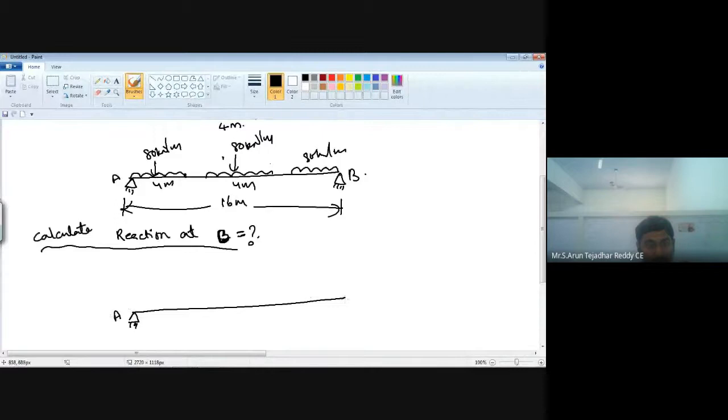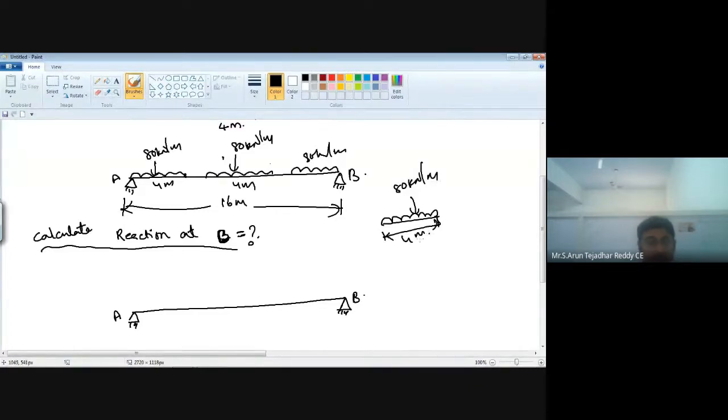A and B. Actually, this is your original case because the load is movable load. The load is movable. So generally he is asking some load 80 kilonewton per meter and it is 4 meter.